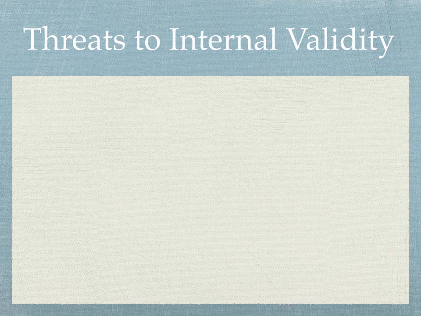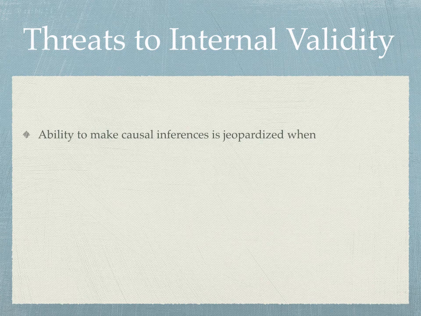So let's move on to threats to internal validity. Again, I asked you to review these in the online tutorial, and I hope you've done that. But let's review this some as well. Threats to internal validity are when we've done something that has jeopardized our ability to make causal inferences.